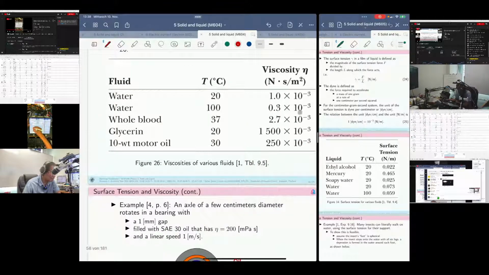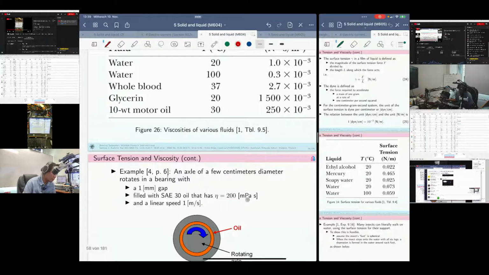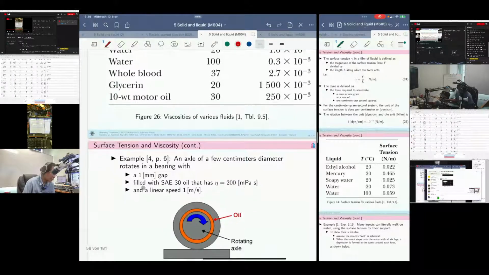Eta is viscosity, what we have just learned, right? Newton second per square meter. It's 200 millipascal second, if you substitute the unit of Newton, and a linear speed of 1 meter per second.